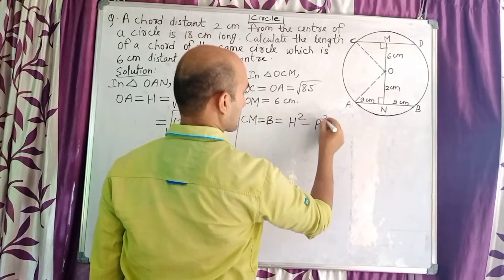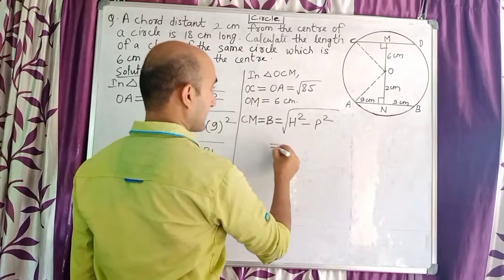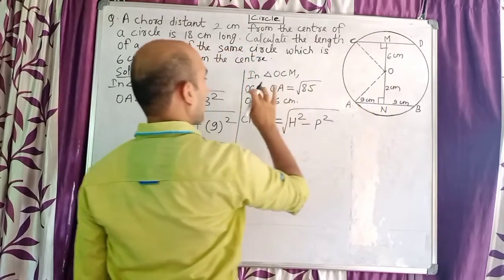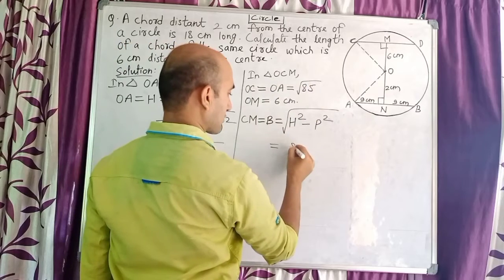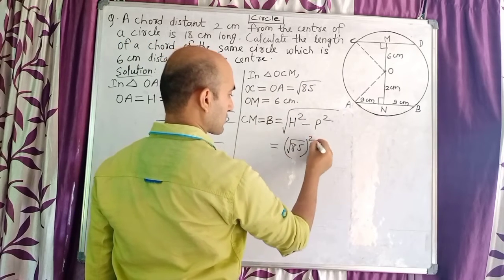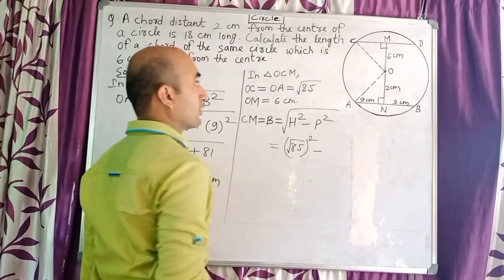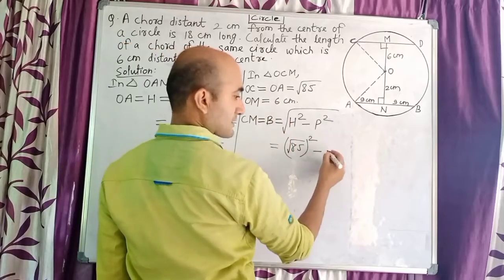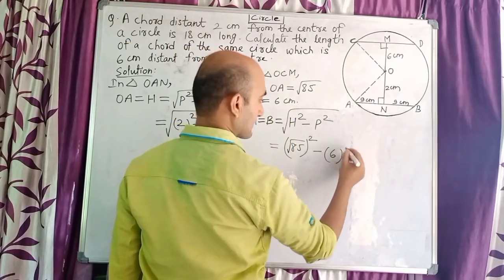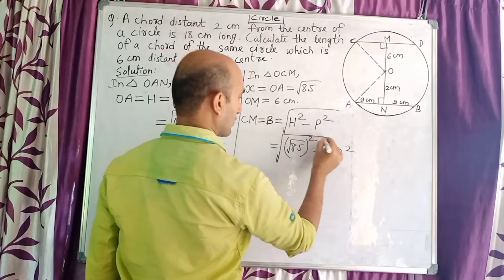root over hypotenuse square minus perpendicular square, and here hypotenuse is OC and my OC value is root 85. So I will write root 85 and don't forget to put square minus perpendicular. My perpendicular is OM and OM value is 6. So I will write 6 square and then don't forget to put root over.